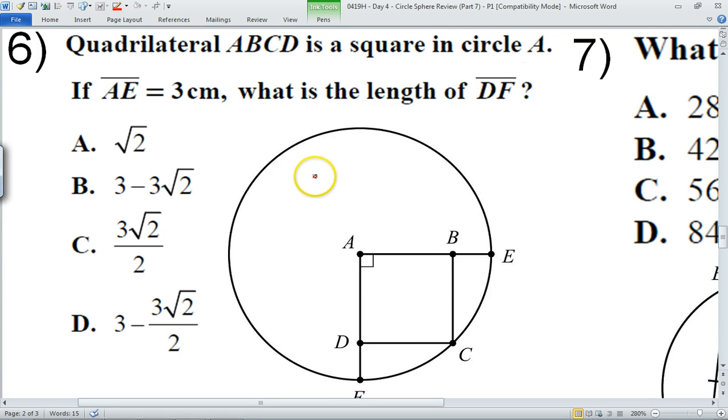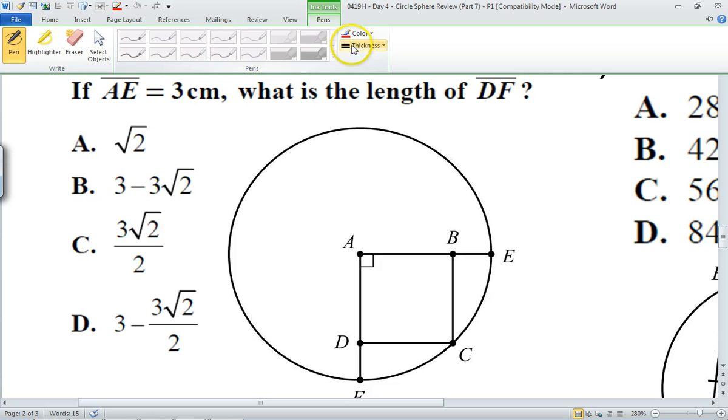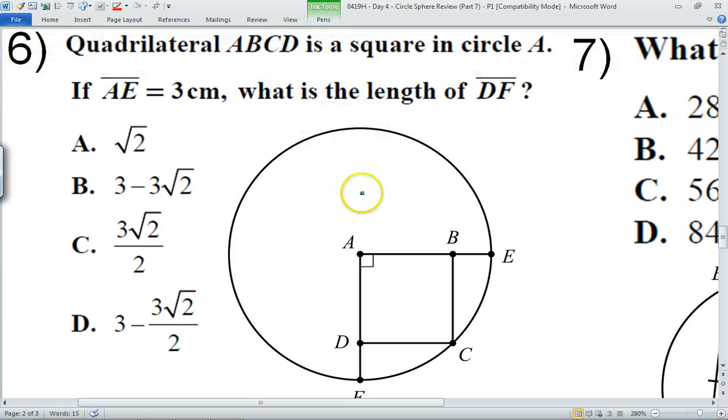We're told that AE is 3. Okay? So that's 3. What else do I know? We're supposed to find the length of DF. So we're supposed to find this little guy right here.